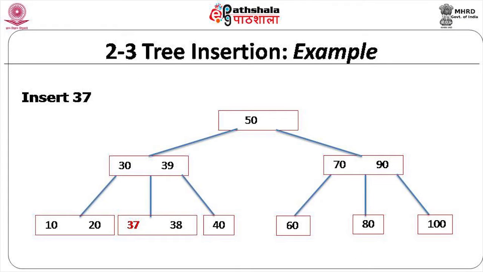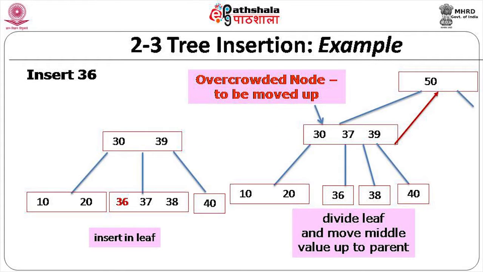Now, let us assume that we want to insert 37. 37 has been inserted. Now, you want to insert 36, that is what we saw before. So, 36 is inserted. Now, if you look at this here, 36, 37, 38 is overcrowded. So, you have to divide that leaf and move the middle value up to the parent.